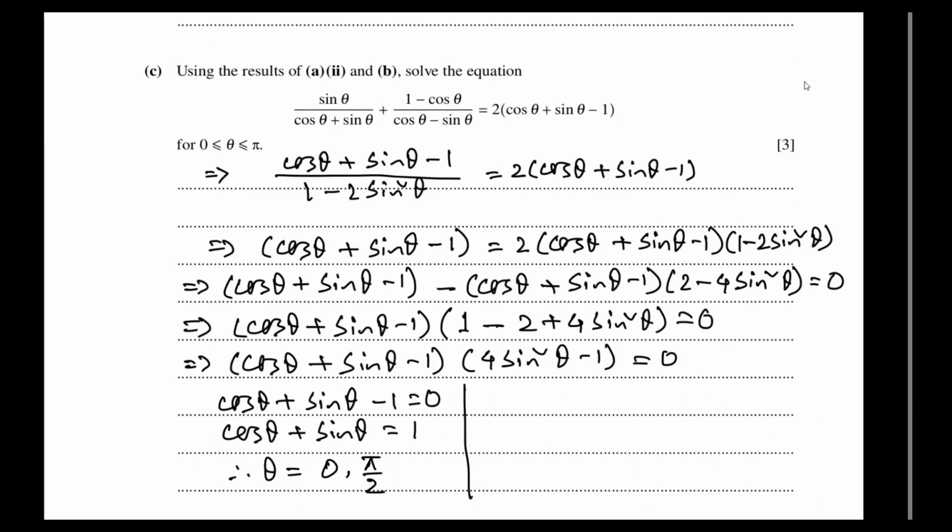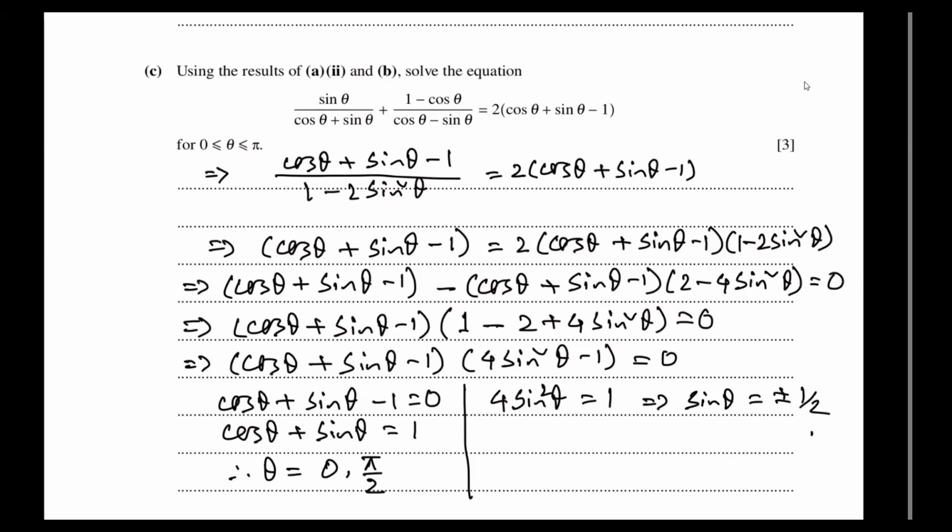And we have another set here, 4 sin squared theta minus 1 equal to 0. So sin squared theta equal to 1 by 4. So sin theta equal to plus minus half. Let's go step by step. 4 sin squared theta equal to 1, so sin theta equal to plus minus half.